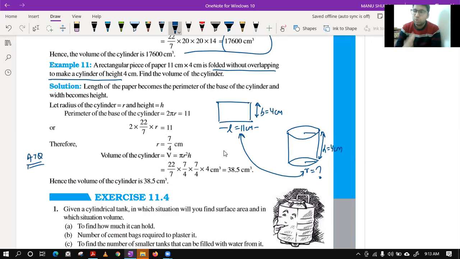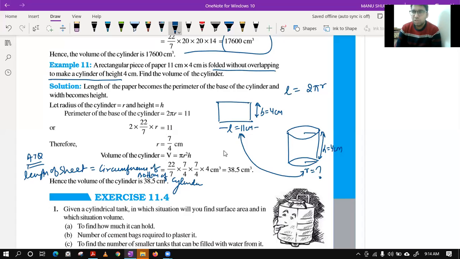So we can say ATQ, according to the question, because the question gave us the condition that you are rotating the paper without overlapping, the length of the sheet is equal to the circumference of the bottom of the cylinder. If you use this relation, you can easily find the radius. So the length of the sheet, that is 11 centimeter, is equal to 2 pi r.